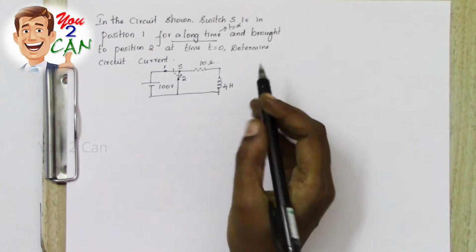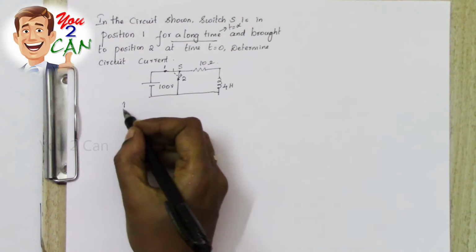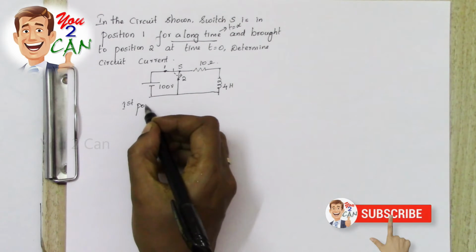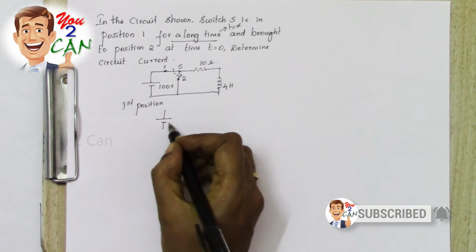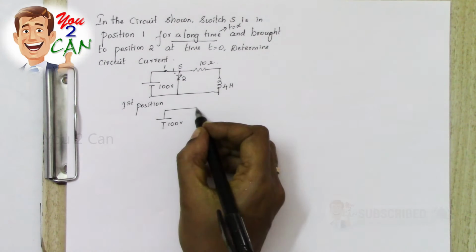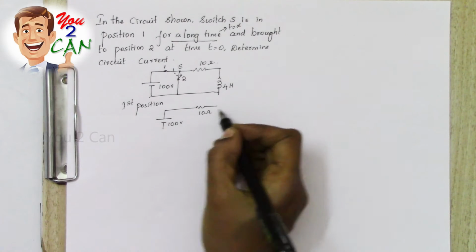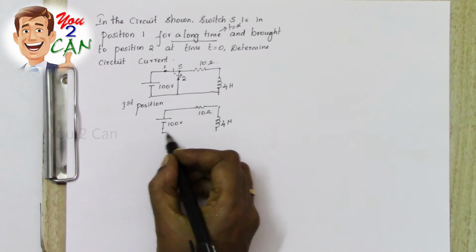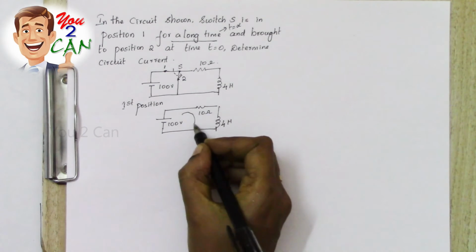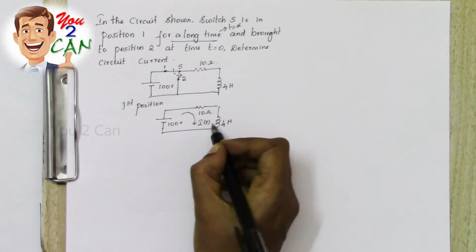Okay, so at first position the circuit will be like this: 100 volt, 10 ohm and 4 Henry. Now what will be the current i of t?